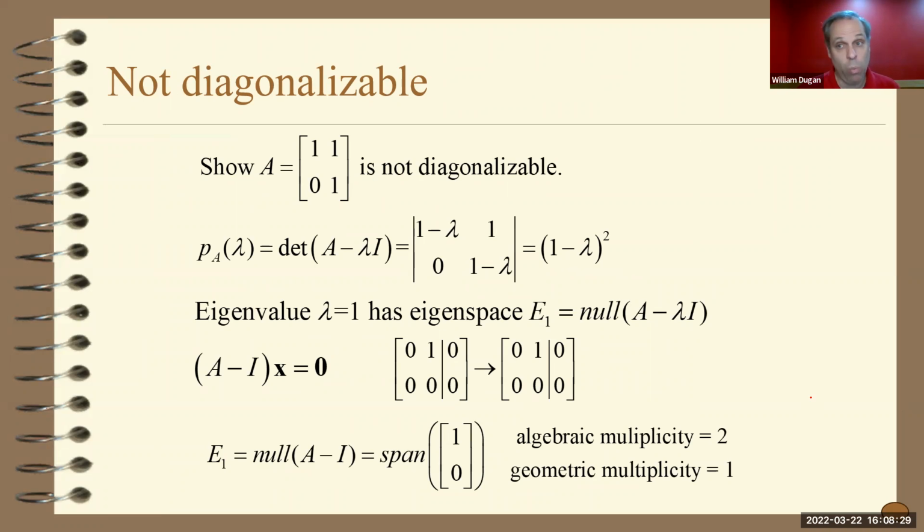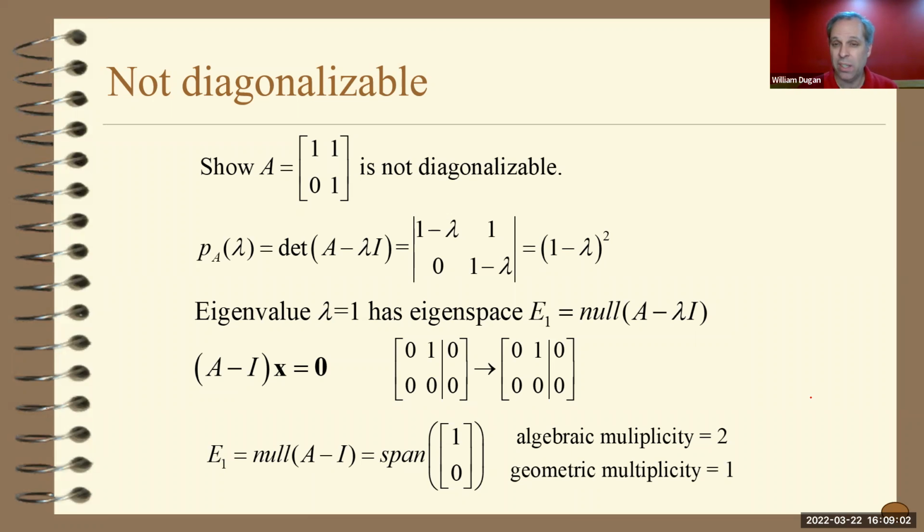The eigenvalue is only 1, and its eigenspace is the null space of A minus 1 times I. So if you look at the null space of (A minus I) times x equals 0, you find the solution space by row reducing, and the solutions are spanned by the vector 1, 0. So E1 is spanned by the vector 1, 0.